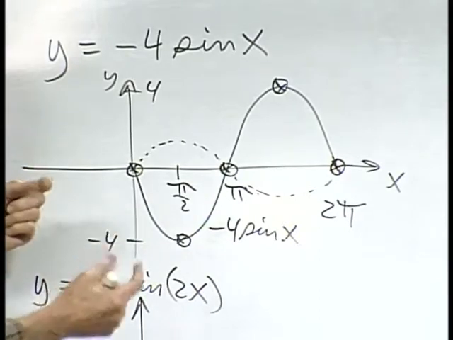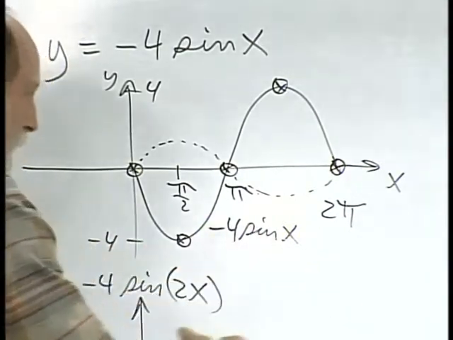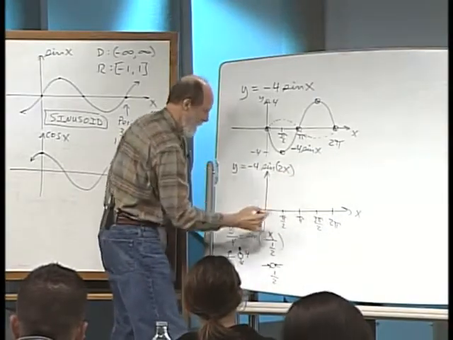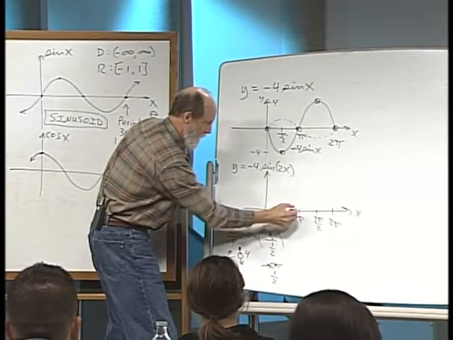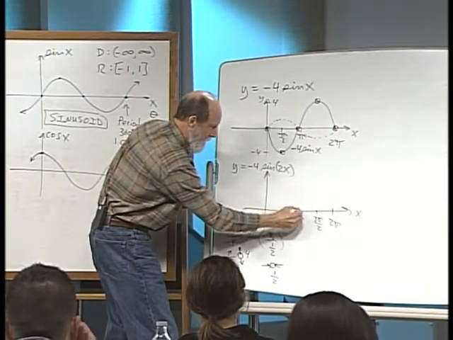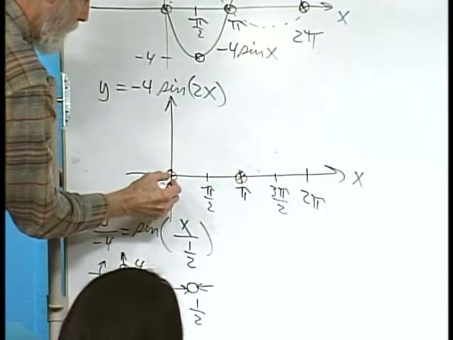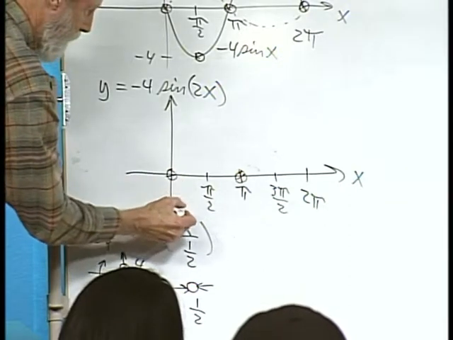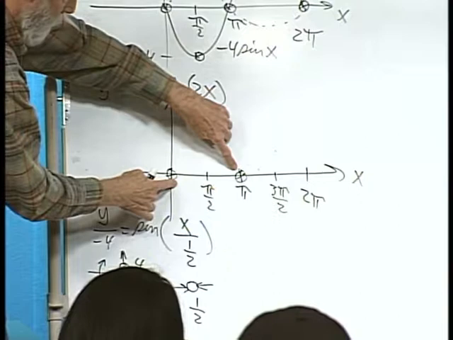So you can see mathematically or graphically that that becomes a squeezed or compressed sinusoid. And so what we do is we just draw an upside down one, and we have to be a little careful. Here's where it's going to finish its cycle, and here's where it's going to start its cycle. And since it's upside down because of the -4, it's going to take a dive, and it has to finish its cycle by the time it gets to here.